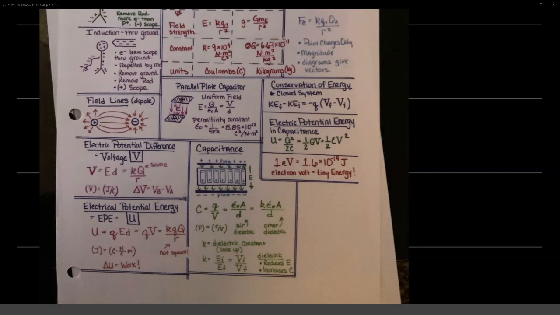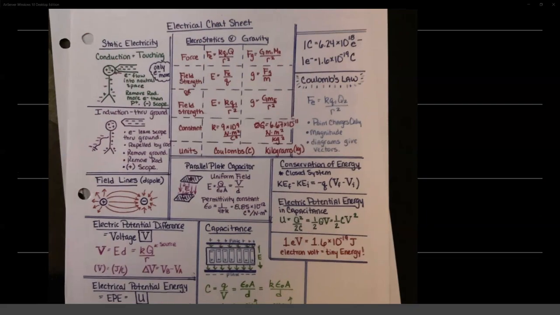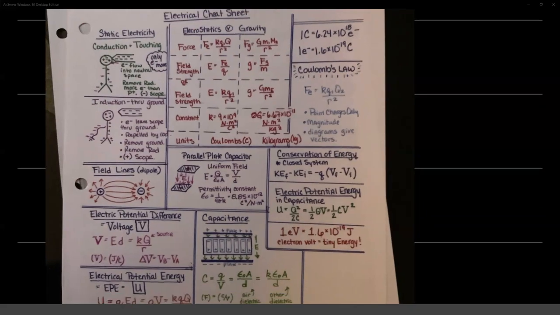I think I took a picture of the front, but it has stuff in the back too, I'm pretty sure. Let me double check. Yeah, but it's mainly that front page. So this says everything about the parallel plate capacitors, electrostatics. It gives you how many electrons are in 1 coulomb and vice versa. This is going to be really important.